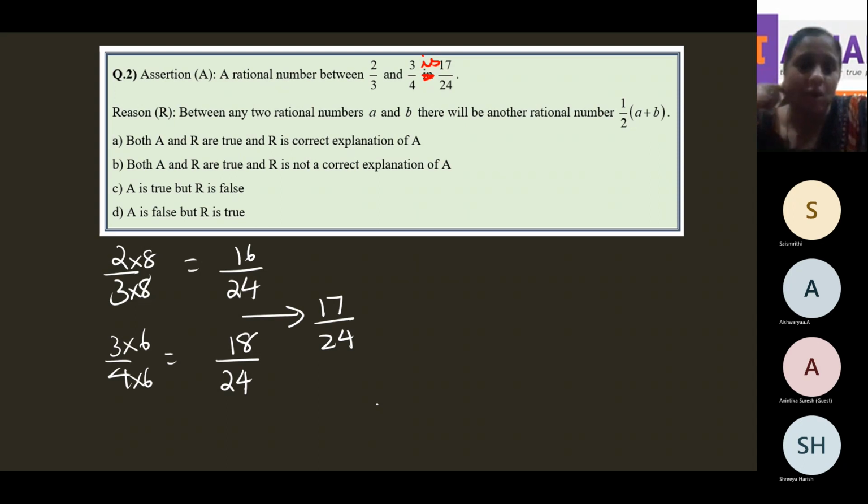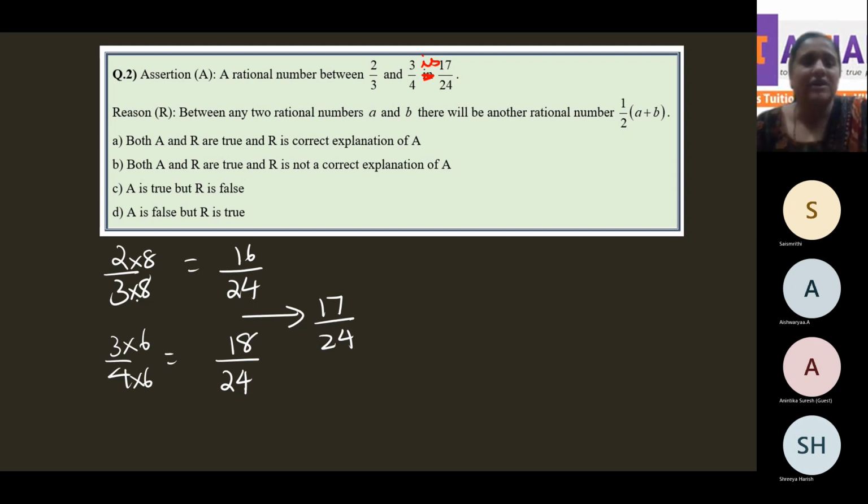So you will have to bring all the fractions to the same denominator. You can see the largest number in the denominator is 24, so you'll have to bring 3 and 4 to 24. Or you should bring all the denominators to the same number, which is the LCM. I'm sure you all understand this.